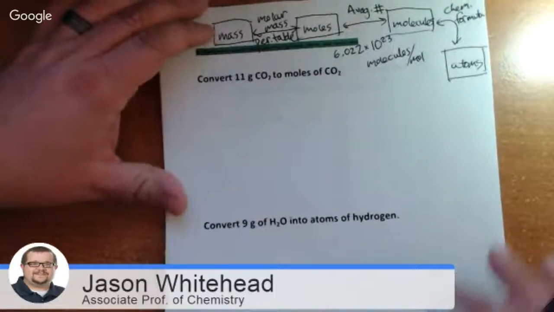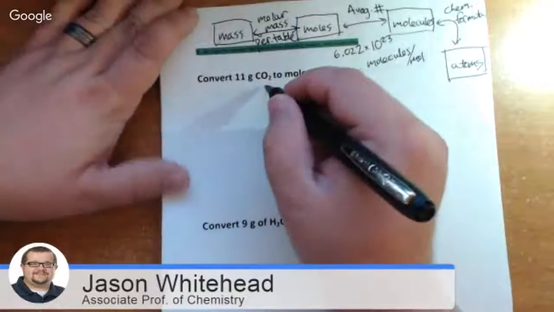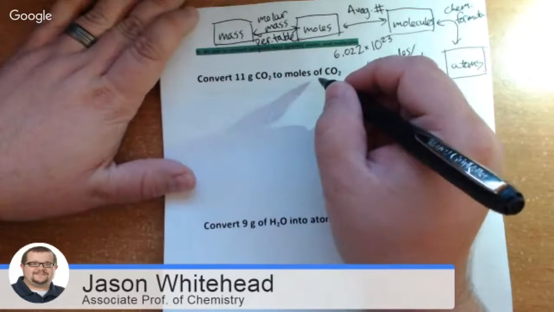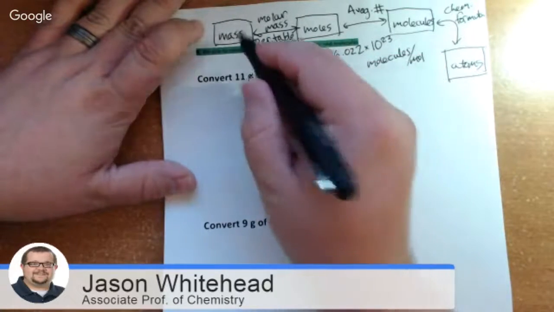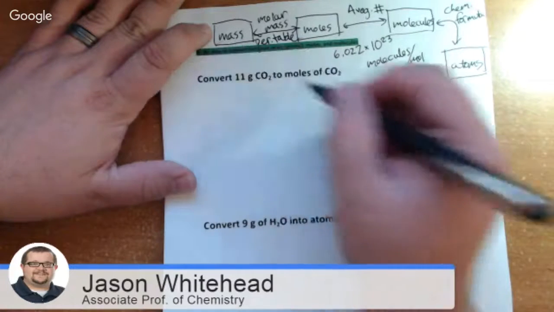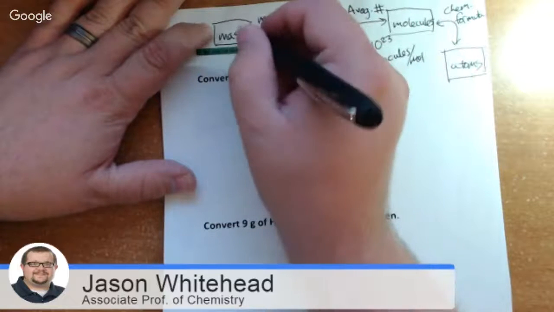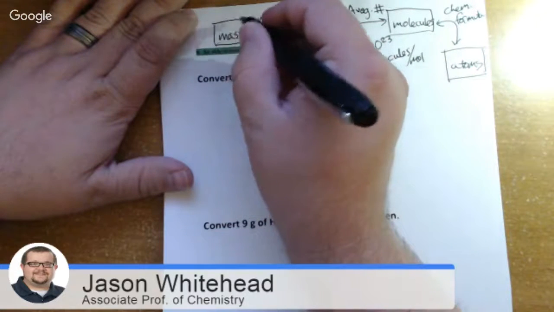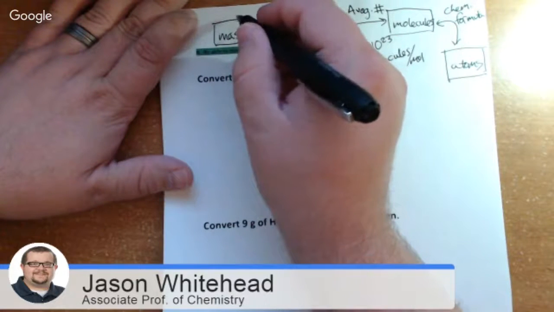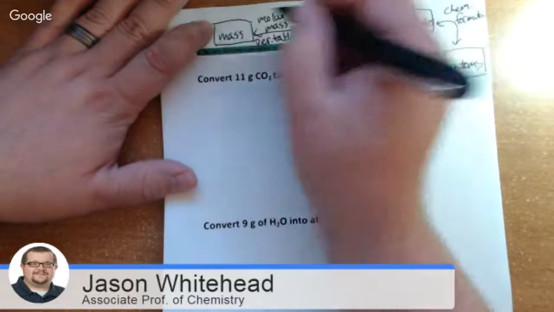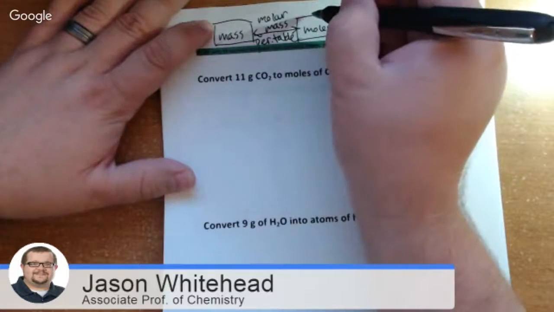So our first problem says take 11 grams of CO2 to moles of CO2. So I'm starting in grams. Grams is mass. I'm going to moles. That's right next door. So picture yourself standing on top of this little brick, Mario style. If Super Mario needs to jump across, he's just jumping across one block.